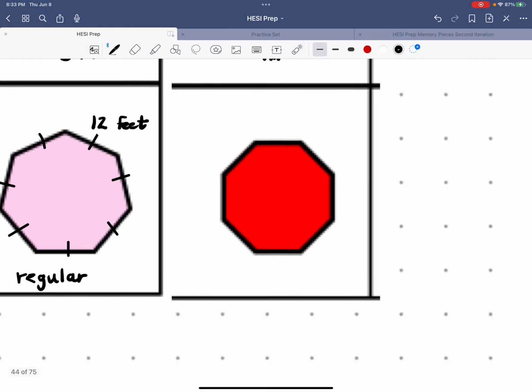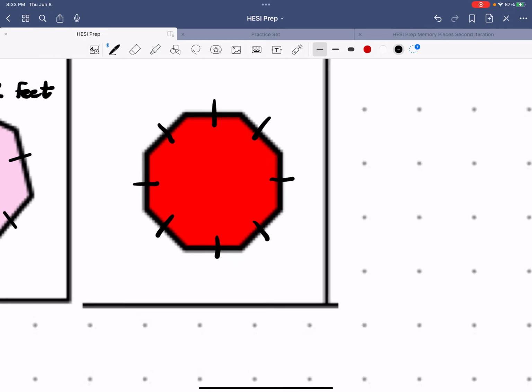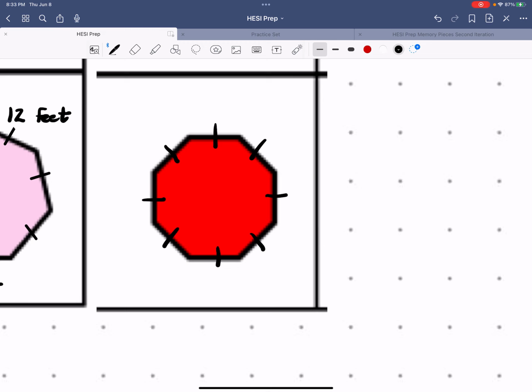And then our last one is a stop sign. It's an octagon. So I'm going to make it regular. I used to know how many inches these sides were. I can't remember. But on this one, I'm going to use a fraction this time, just in case you should run across that.